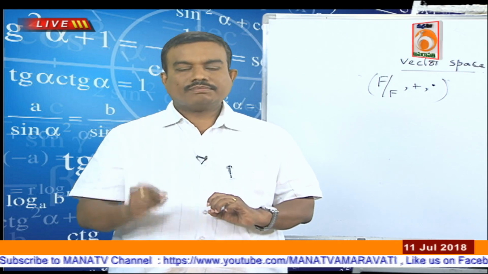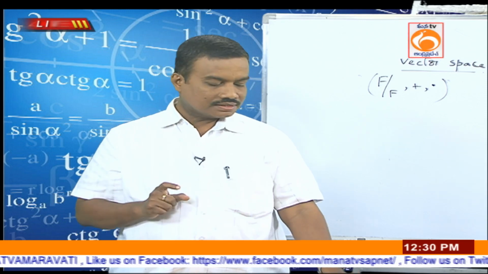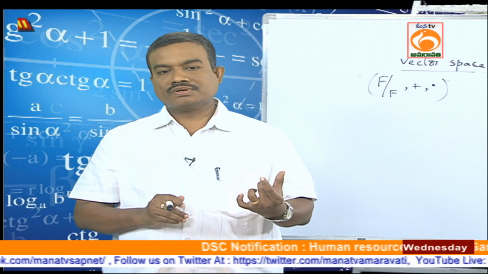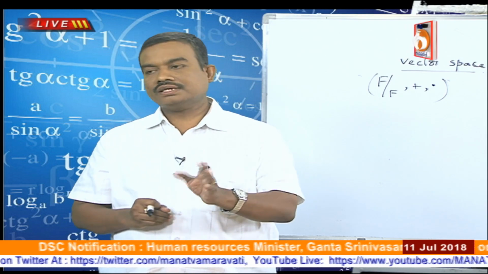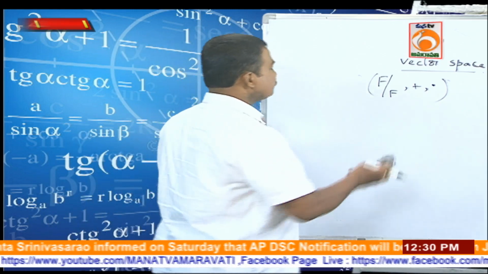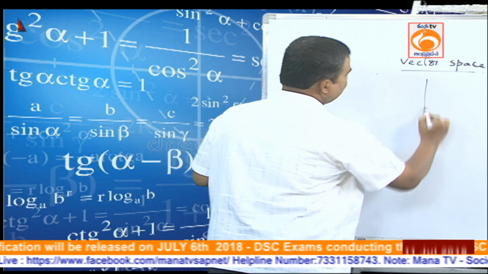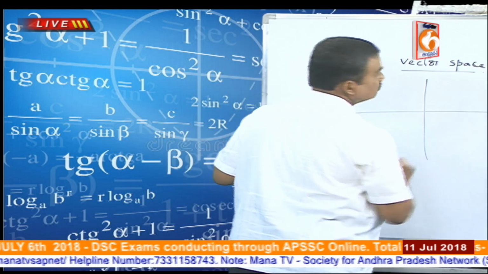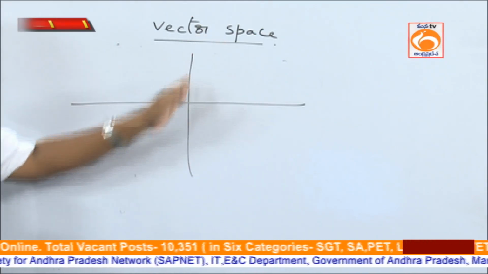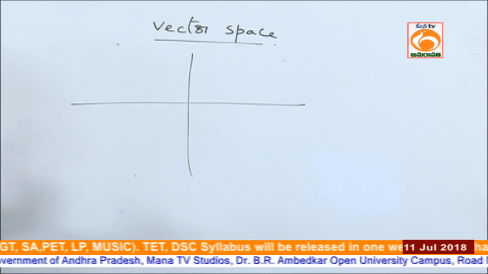Before ending this topic, I want to show the significance of addition defined in the first problem, that is (x, y) + (a, b), which we define as (x + a, y + b). If you observe, the definition of V is nothing but R cross R, because the first coordinate we take from the real numbers and the second coordinate we also take from the real numbers, both x and y.